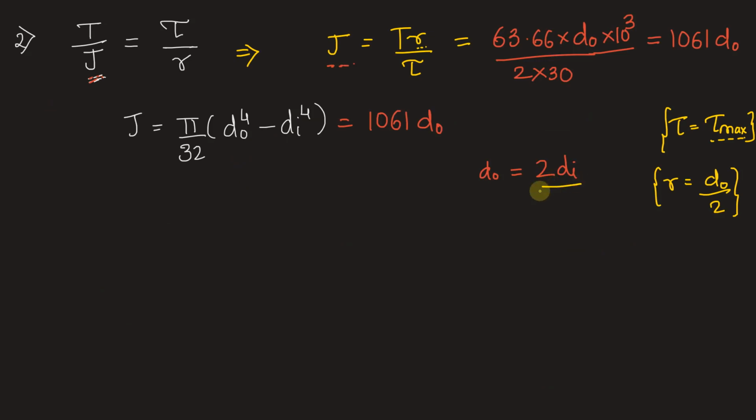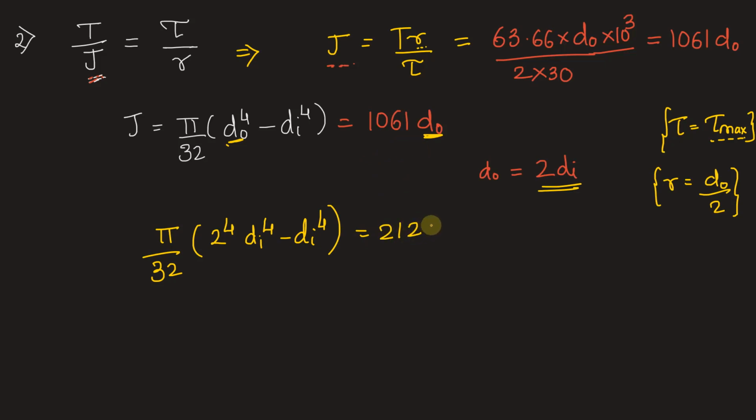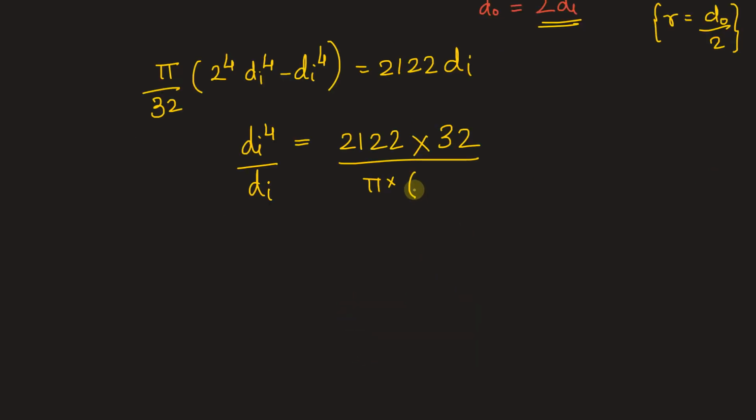After substituting this in place of D naught on both sides, we get pi by 32 into 2 raised to 4 Di raised to 4 minus Di raised to 4 is equal to 1061 into 2, which gives 2122 times Di. We'll get the inner diameter from here: Di raised to 4 by Di is equal to 2122 into 32 by pi into, we have 2 to the power 4 minus 1, which is nothing but 15.